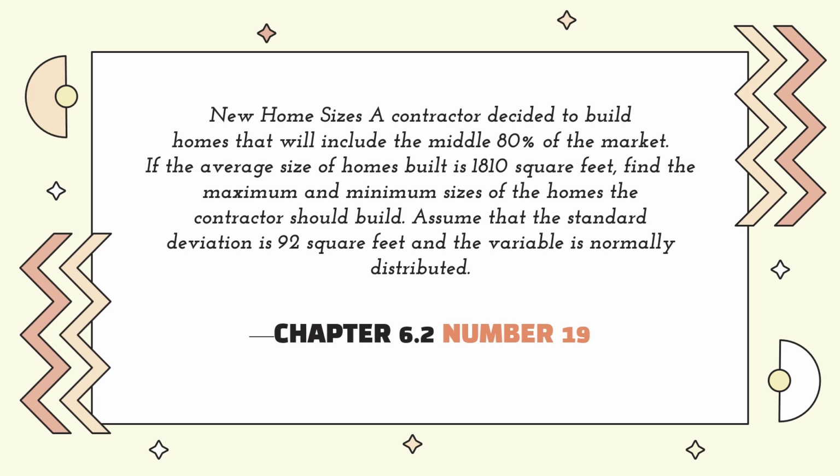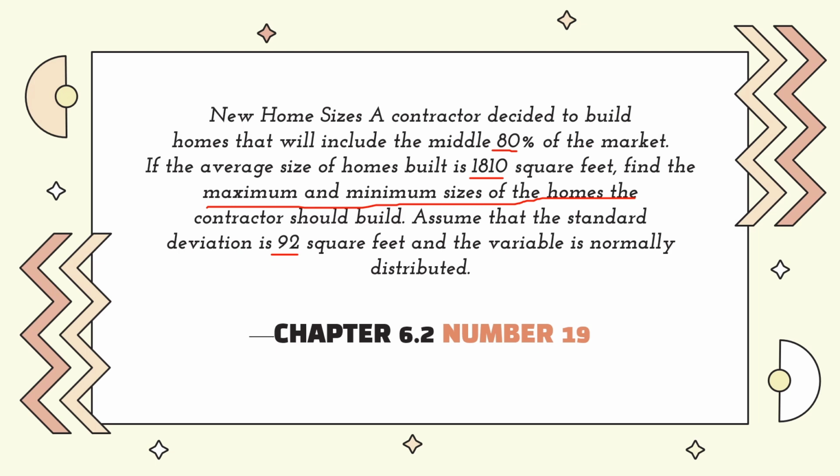So for our given problem, we have our mean, which is 1,810, and our standard deviation is 92. Here, a contractor decides to build homes that will include the middle 80% of the market, and we need to find the maximum and minimum size of home that the contractor should build.